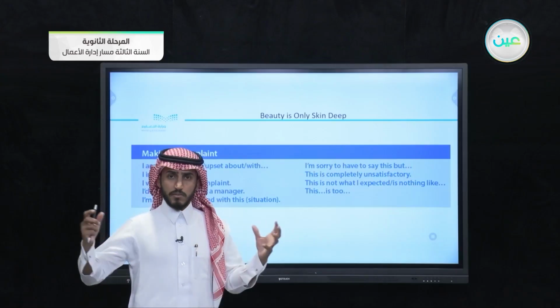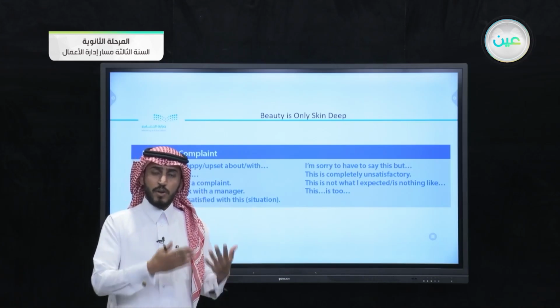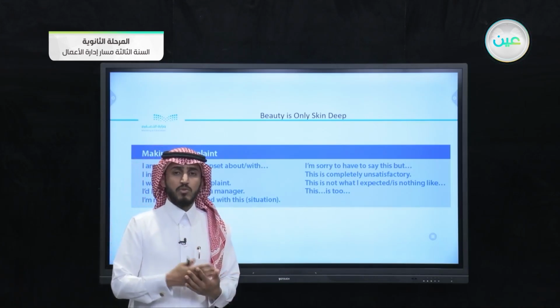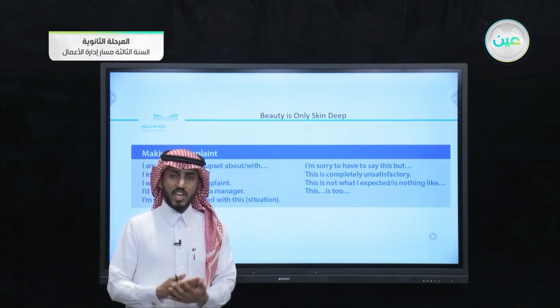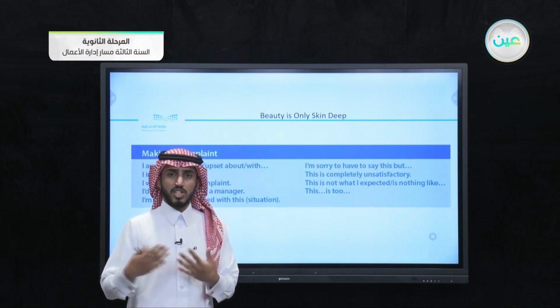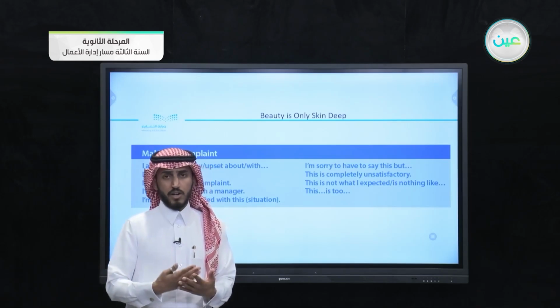It is related to making a complaint. We learned from the conversation how Sophie wasn't happy with her haircut. She made a complaint. She talked to the other woman and she made her complaint.